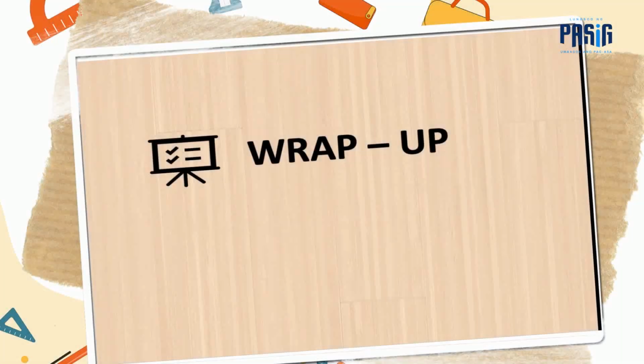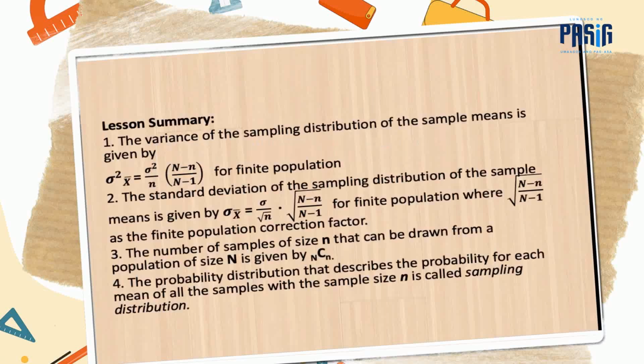Okay, for our wrap up, do you still remember the formulas and concepts we used in the lesson? The variance of the sampling distribution of the sample means is given by the formula sigma squared over small n times the quantity big N minus small n all over big N minus 1 for a finite population.